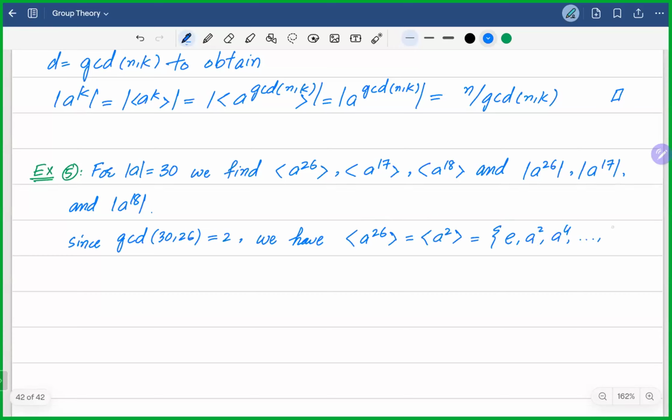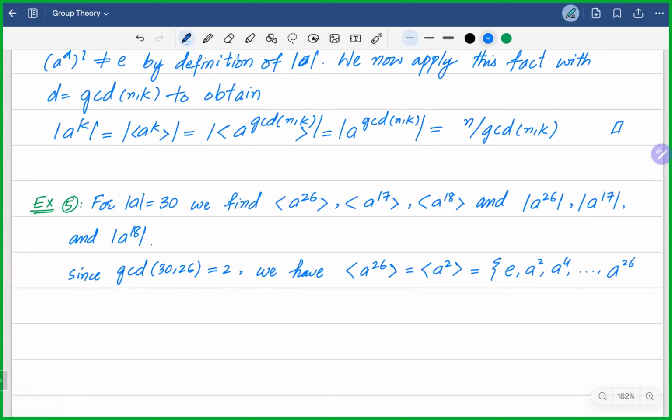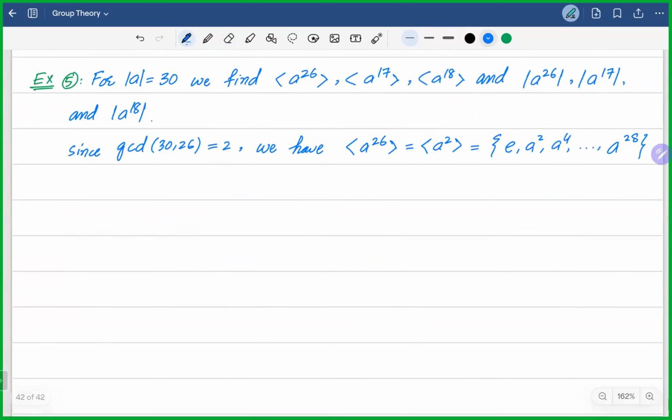And the order of a power 26 is equal to the order of a square, which is nothing but 30 over 2, which is equal to 15.